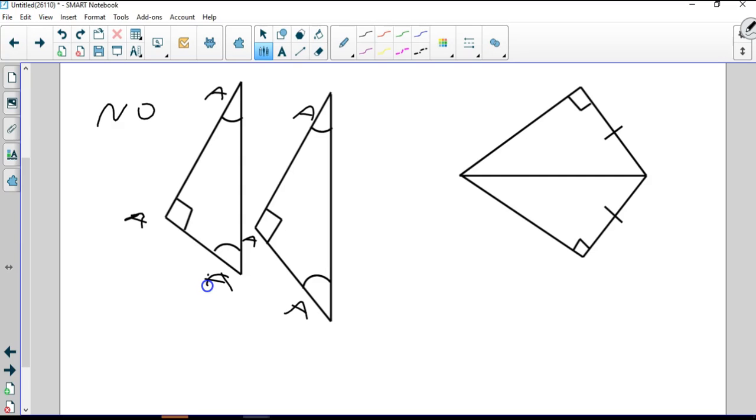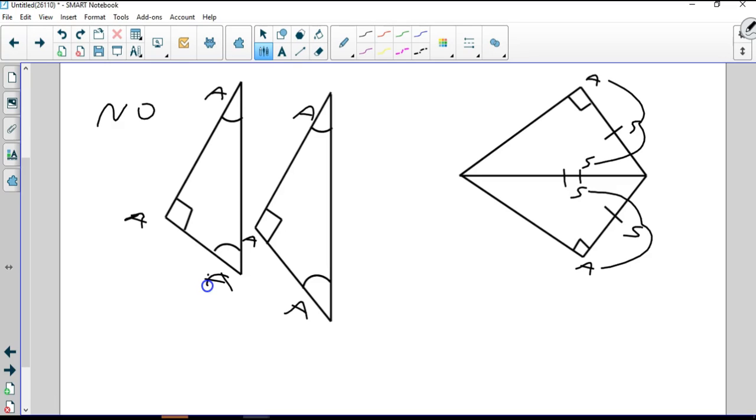Let's see what we have here. We know this side is equal to itself. So we have an angle here, we have a side here, and a side here. Angle here, side here, side here. Well, the video I just showed you shows you that we do not have an SSA or an ASS rule.